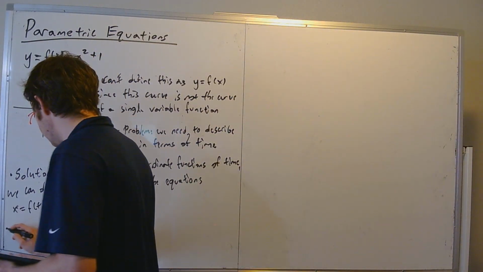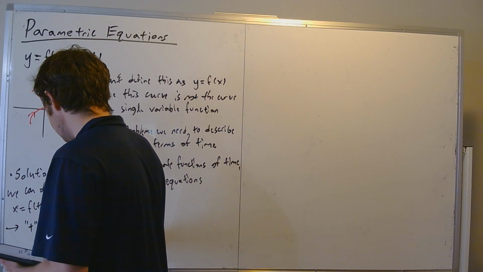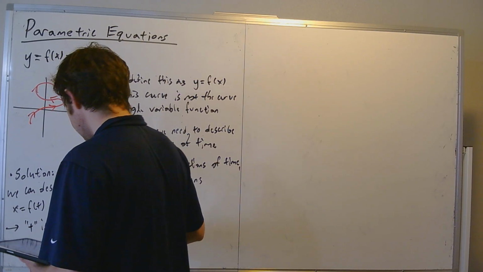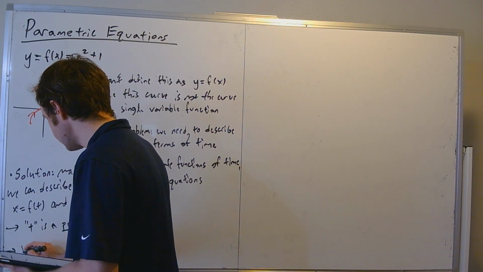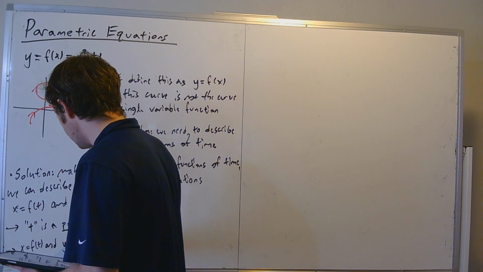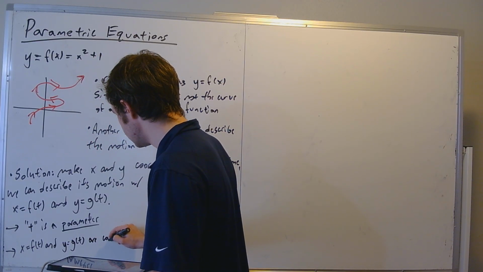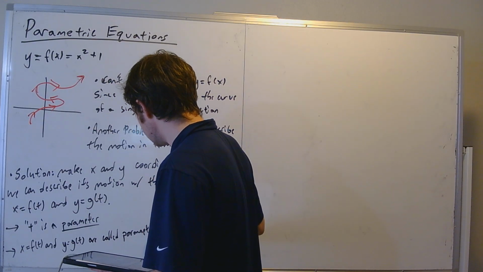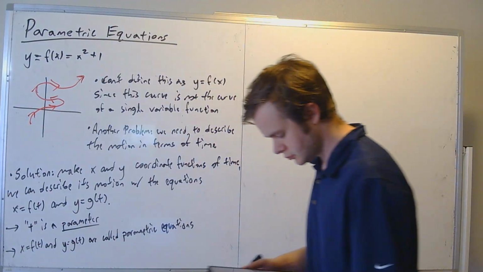And here we'll say that t is a parameter, and we'll say here also that x equals f of t and y equals g of t are called parametric equations.